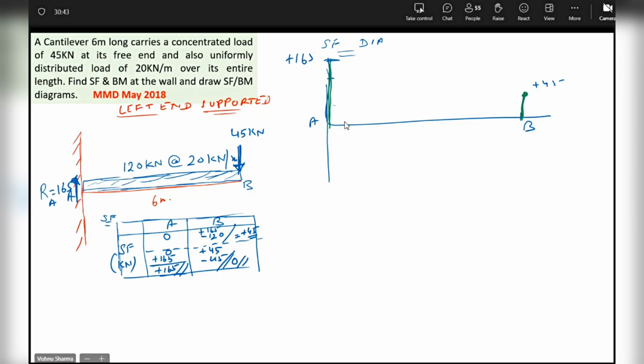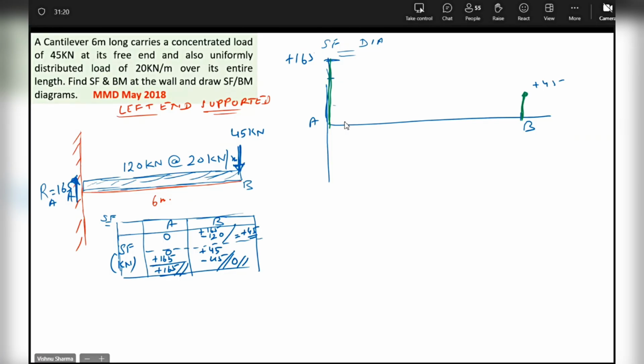Now, what happens in this case? Look at the beam diagram. Is the change from A to B at a uniform rate, or is it at a varying rate? Tell me. Look at the diagram and tell me whether the change is at a uniform rate or varying rate. Is the force from A to B changing at a uniform rate or varying rate? Okay, where is it varying, beta?